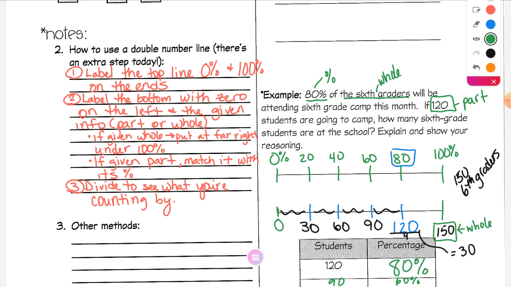Okay. The one under that gives you 100%. What is 100% of the 6th graders? 150. And we could add the rest of them if we wanted. We could say 20% is 30 students.